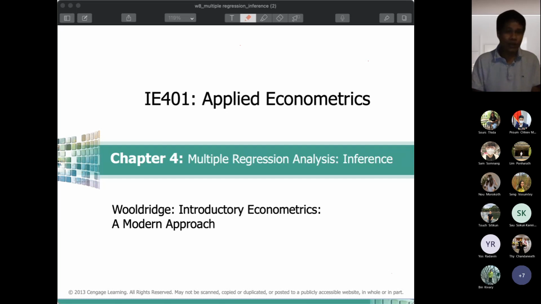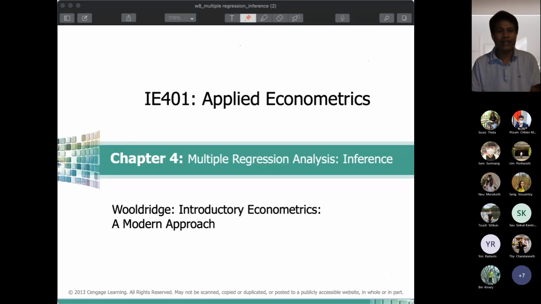However, when you incorporate more independent variables, there might be another issue. That is perfect collinearity. So in multiple linear regression, the new assumption that you learn is no perfect collinearity, or no perfect correlation among independent variables.